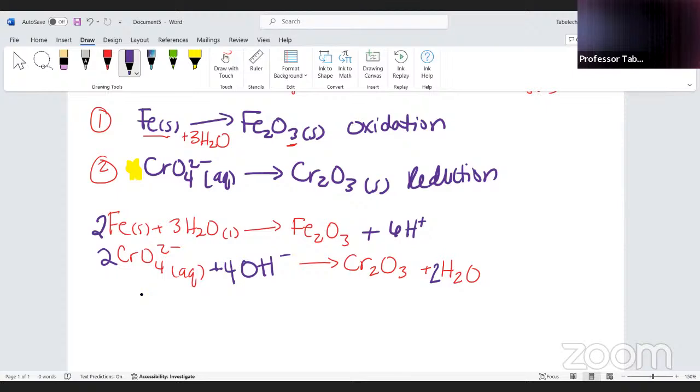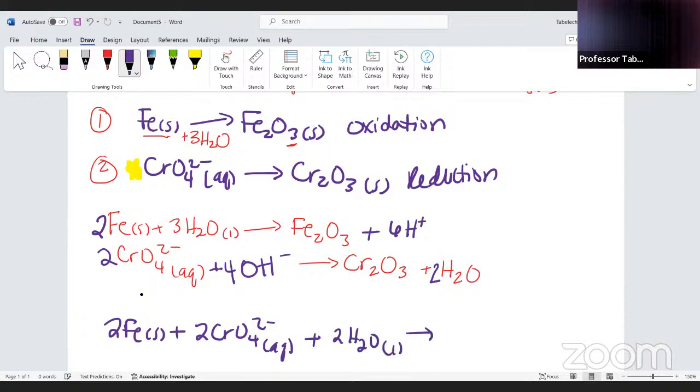So we're going to end up with 2 Fe solids plus 2 CrO4 with a 2 negative charge, aqueous, plus 2 H2O, liquid, producing Fe2O3 plus Cr2O3.